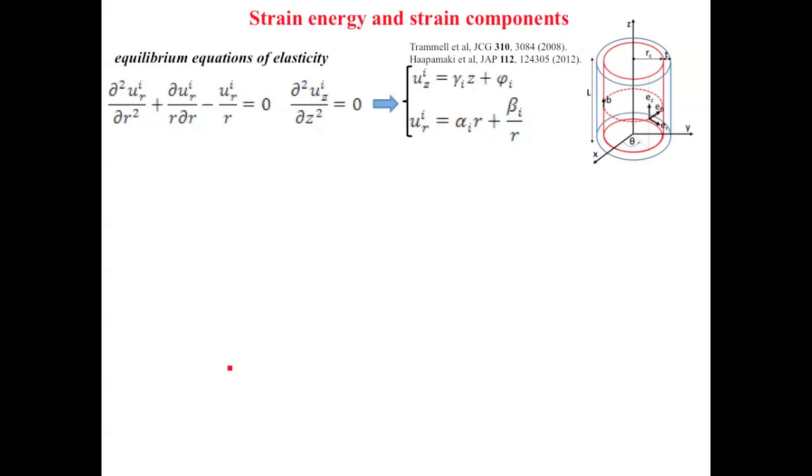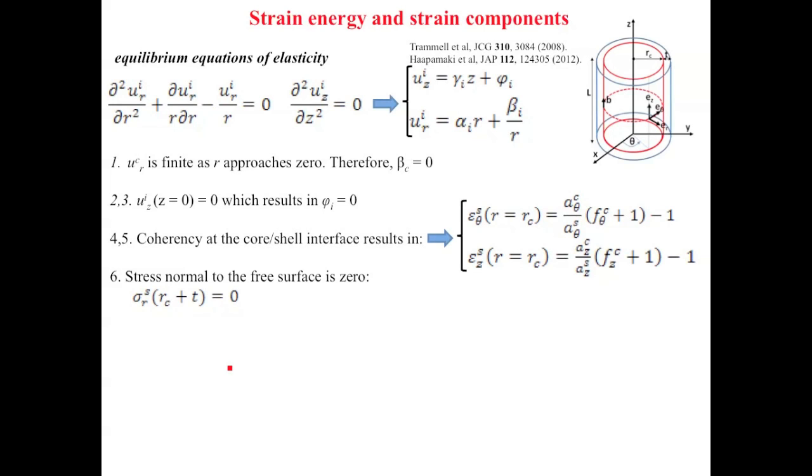To find this U vector, we use the equilibrium equations of elasticity, which have these simple solutions with 8 coefficients. So we need to apply appropriate boundary conditions to determine these coefficients. First, in the radial direction, U has to be finite right at the core, which gives us this to be 0.